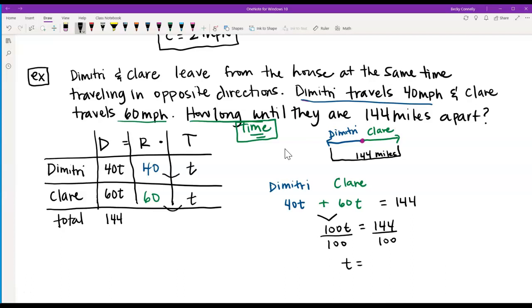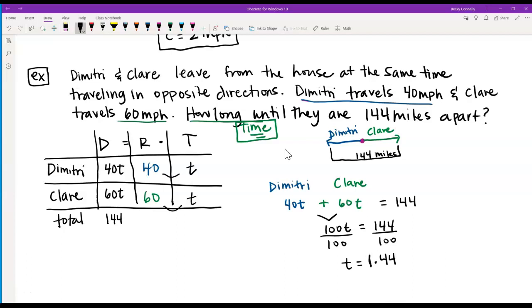Let's just put this as a decimal. Some of your questions will ask for decimals and some will ask for fractions, but I think it's going to make more sense if we do that. So we'll round to the nearest hundredth, so that's going to be 1.44.